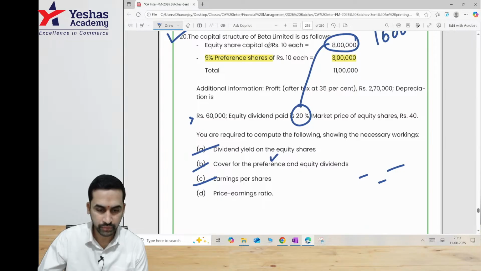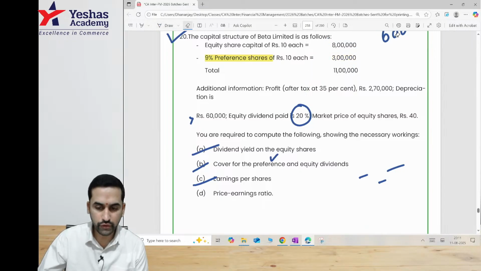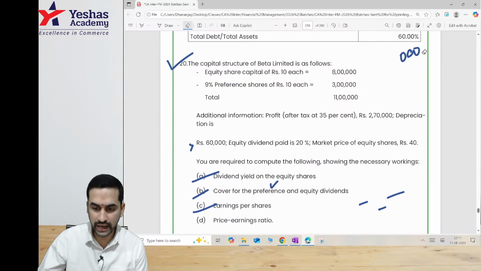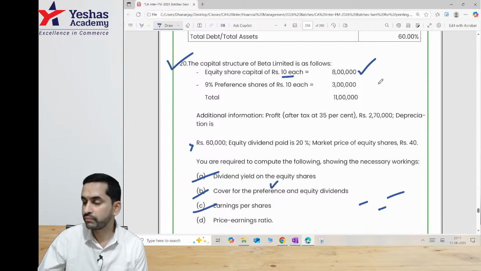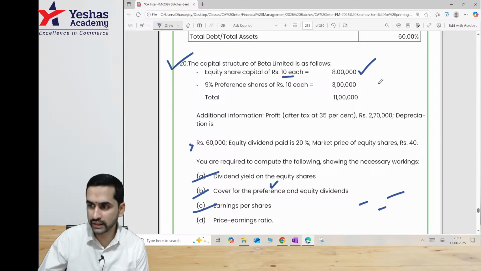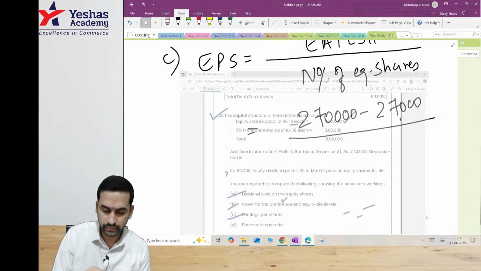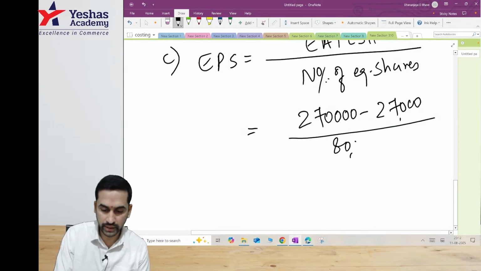So here, first line, equity share capital of 10 each, and then they said 8 lakh rupee. Now, if amount is 8 lakh and one share is 10 rupee, 8 lakh by 10 will give me 80,000 shares.